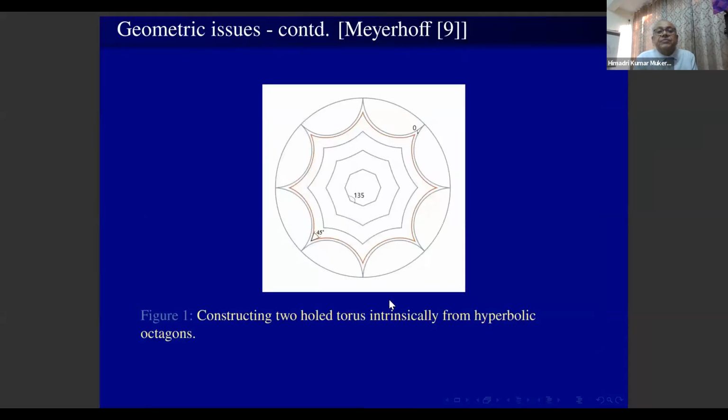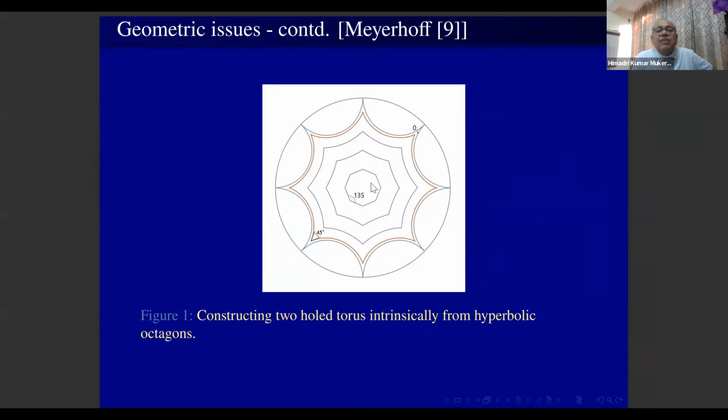So look at this figure. This is the Poincaré disk model, and we keep on drawing concentric circles, and 8 points on these concentric circles. Now, if r is tending to 1, that is on the boundary of the Poincaré disk, the angles, because this one is also perpendicular, this one is also perpendicular, so this angle is 0.